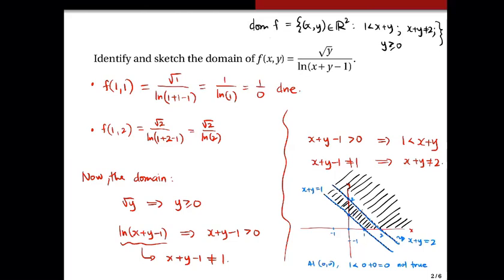All right. Let's go to our next problem. Similar problem. Identify and sketch the domain of g of x, y, where g of x, y equals ln of y squared minus x minus 1 all over 4 minus quantity x minus 1 squared minus y squared. Again, you have the ln function here, so its argument should be greater than 0.